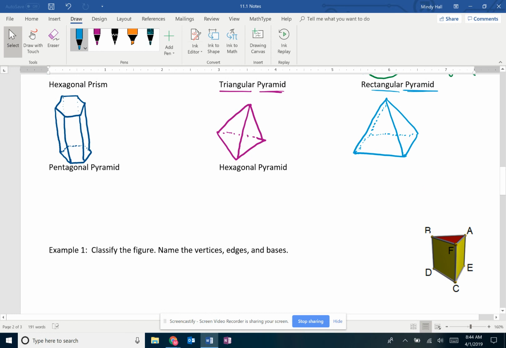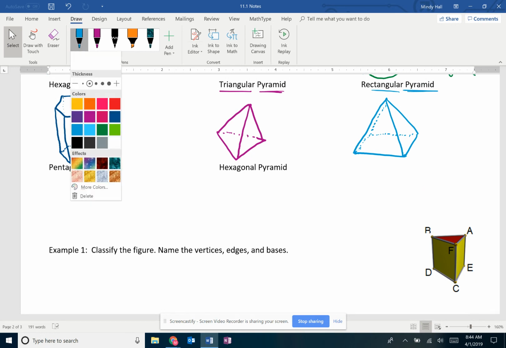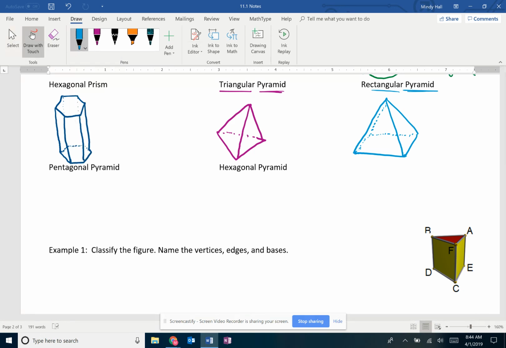With a pentagonal pyramid, you're going to do the exact same thing, but, come on, pick the color. Let's draw. Okay, so we're going to have a pentagon. So again, draw a pentagon. Okay, and then this pentagon has to meet at one point because it's a pyramid. So then I'm going to connect. I know I can see that side.